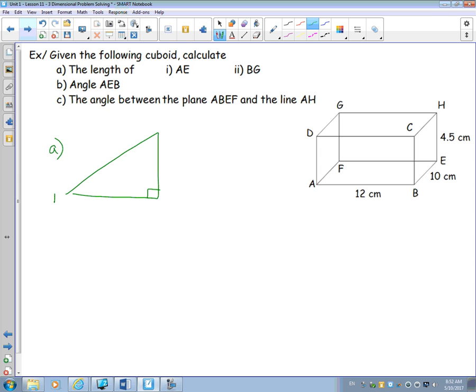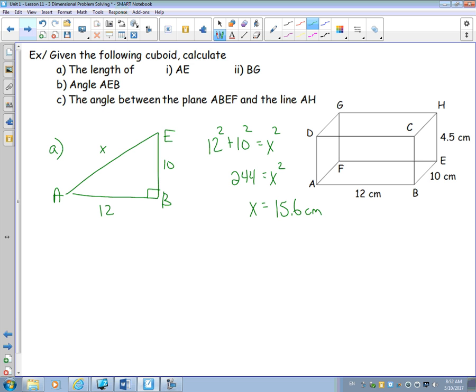I've got A, B, and E. I know 12, I know 10. Oh, back to Pythagoras again. So 12 squared plus 10 squared is x squared. No real tricks there. 244 for x squared. Square root it, and you should get approximately 15.6.